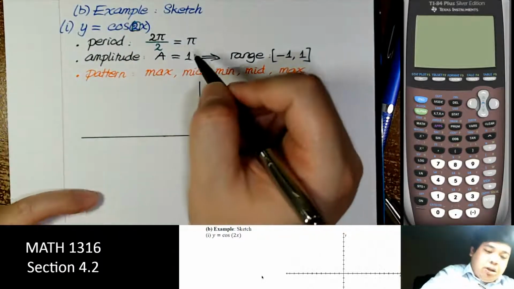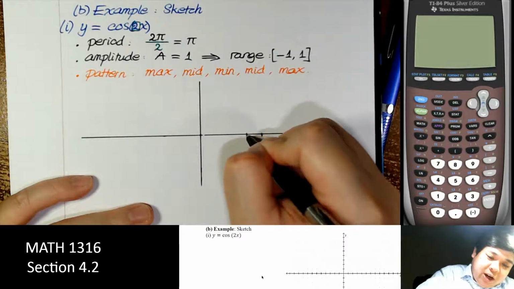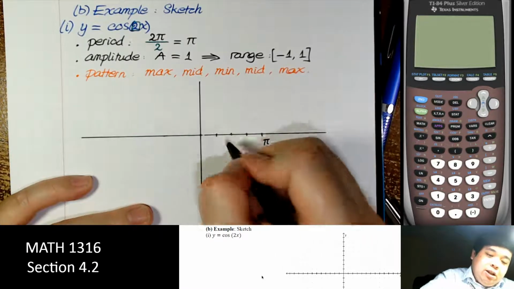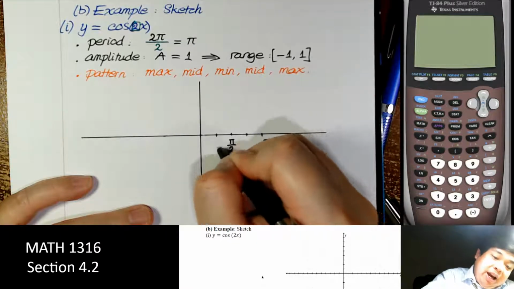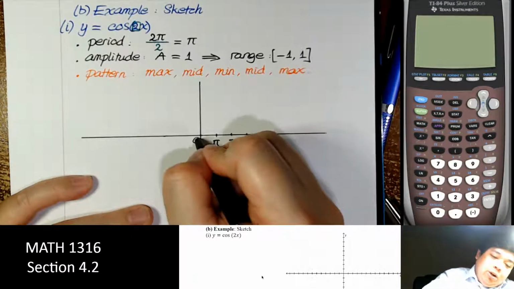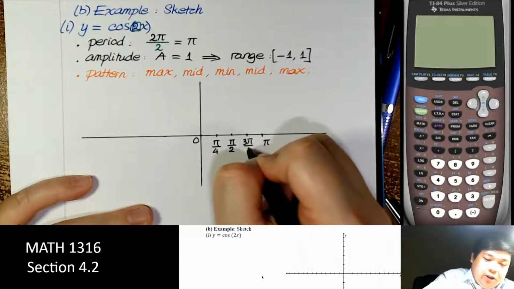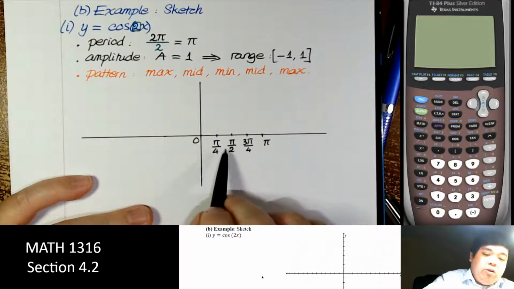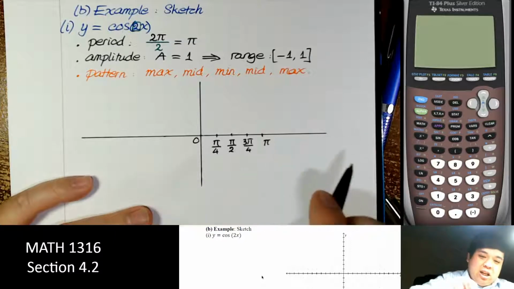This time the period is pi. We divide that into 4 equal segments. Pi divided by 2 is pi over 2, and half of that, pi over 4. So 0, pi over 4, pi over 2, and 3 pi over 4. Yeah, 1 pi over 4, 2 pi over 4, 3 pi over 4, and 4 pi over 4. Reduce all of that.